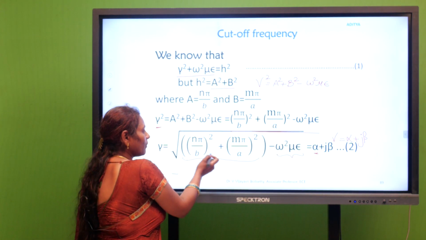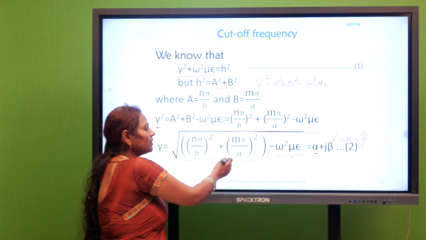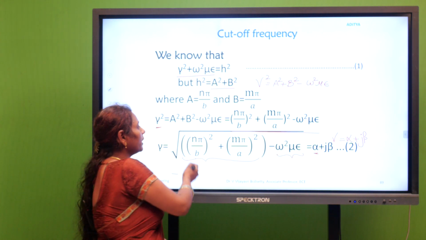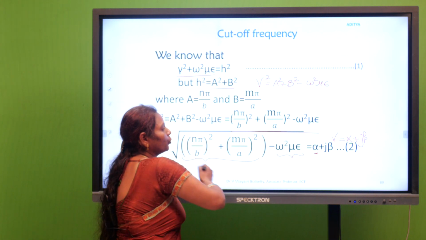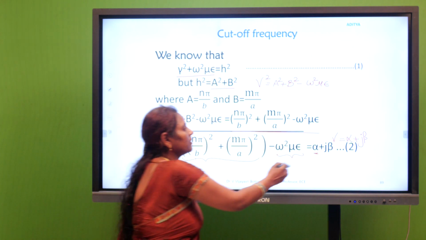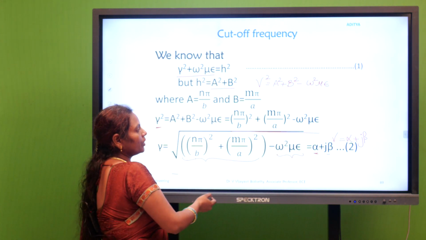Suppose this value (n pi by b) whole square plus (m pi by a) whole square is less than omega square mu epsilon, then automatically the entire value in the root becomes negative and results in an imaginary part.